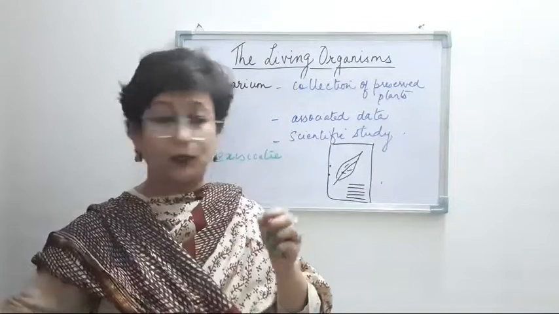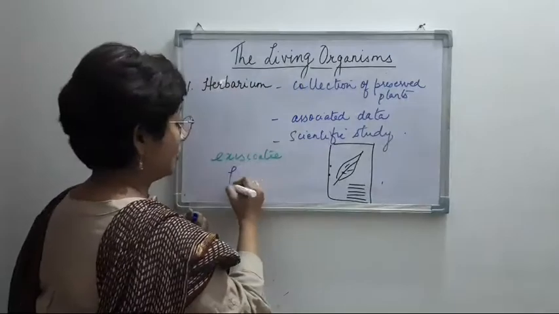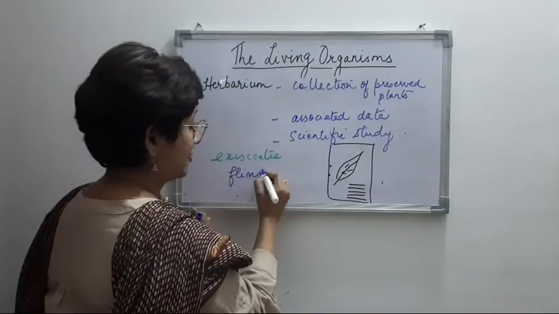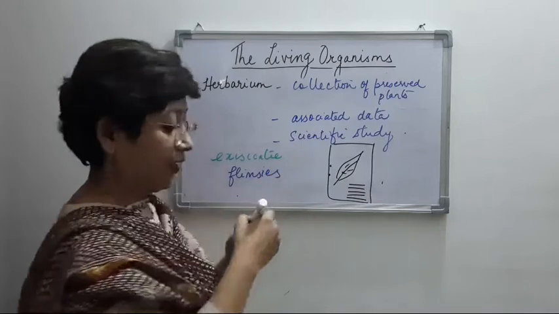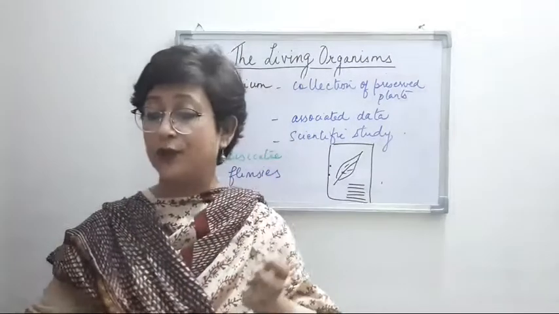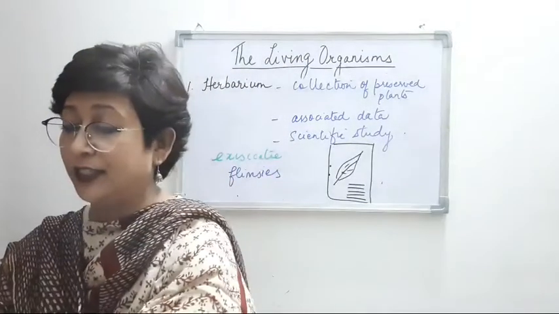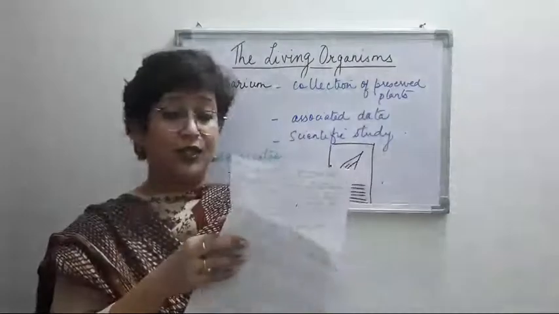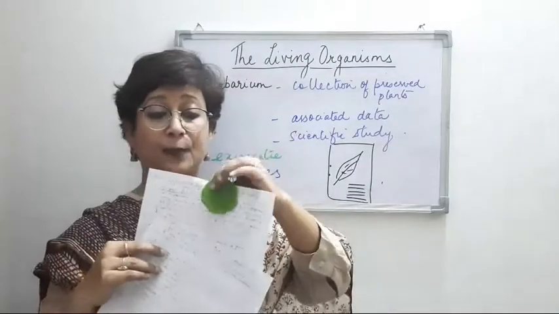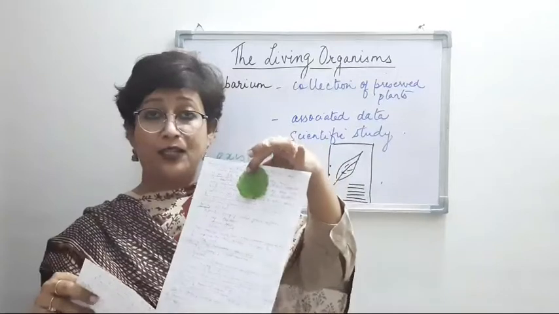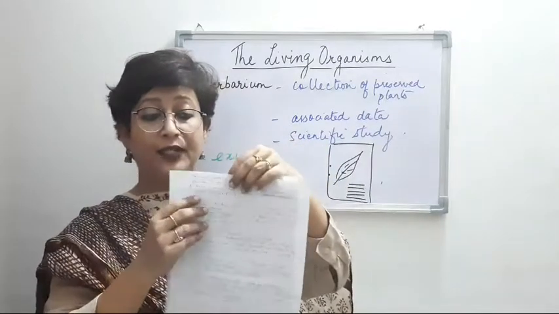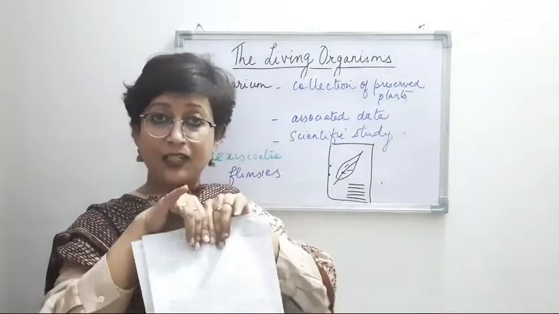Those sheets are known as flimsies, right? So in between these sheets of the flimsies, I will keep the part of the specimen here in between like this, and it is pressed, right?